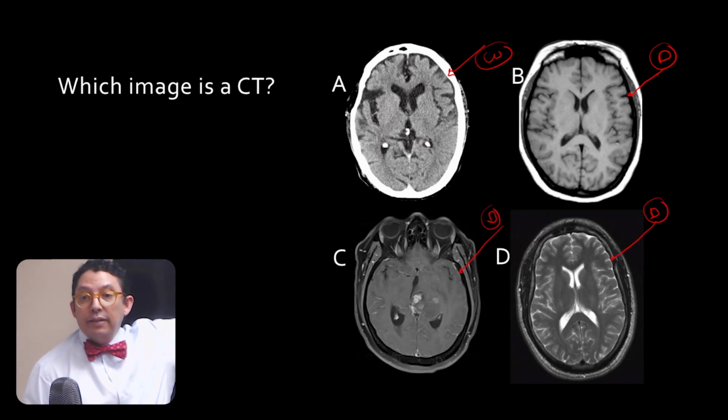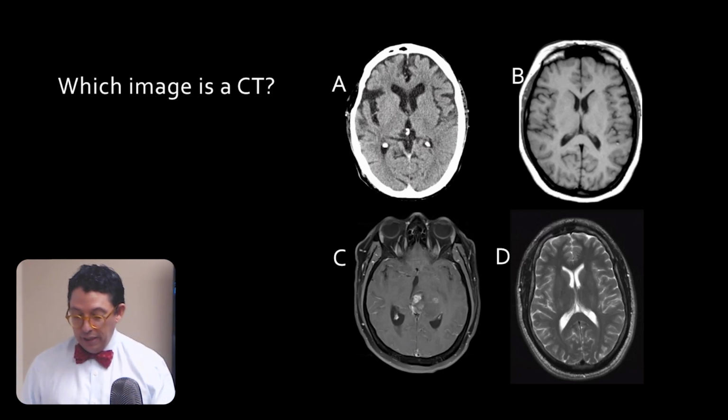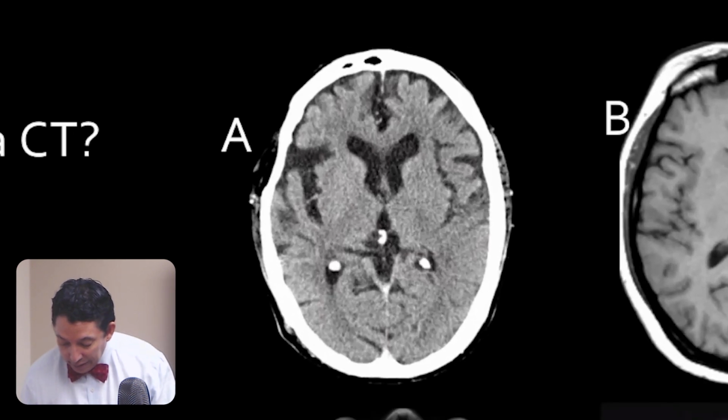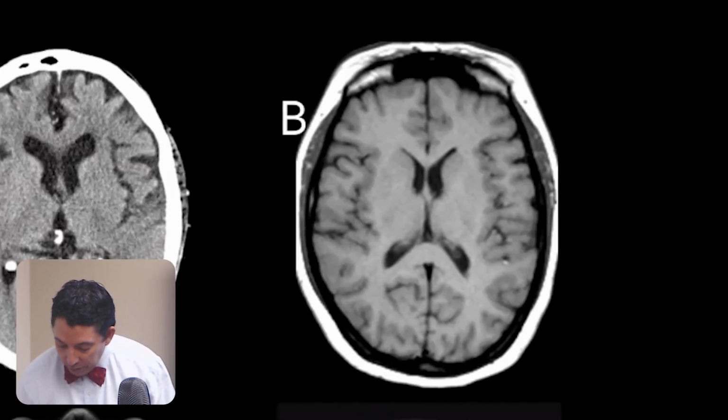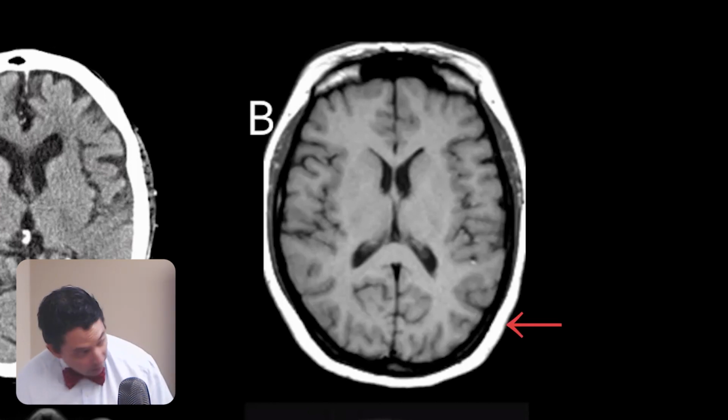A. You have to be able to do that differentiation, because if you look carefully, even though this is the bone, when you go to the other sequences, you can see that even though this one really looks bright right around there, it's very different than where the bone is.